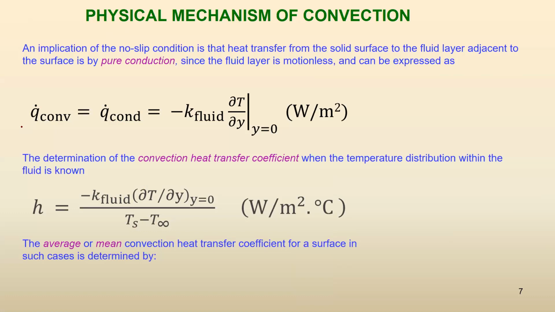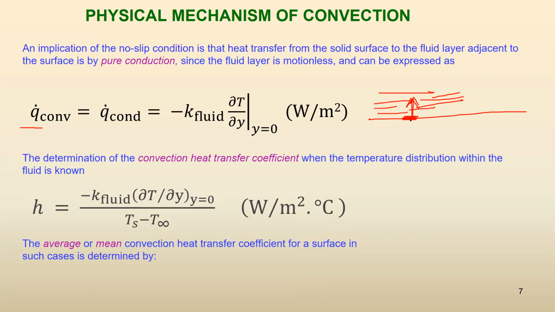Energy balance says that, if this is a surface and you have fluid above that, you have heat transfer. Let's say the surface is hot. At the very first layer, you have conduction, then you have convection. And if you have a steady state situation, whatever is coming should leave a certain layer.